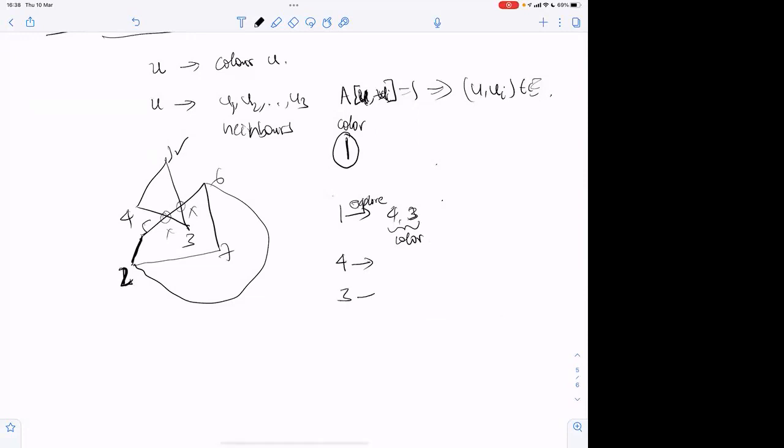Now you look at 3 and its neighbors 1 and 4, they are already colored, so the exploration is complete from 1. So now you know that 1 can reach 4 and 3, but it cannot reach any other vertex, correct? Everything that is explorable from 1 has already been explored, and 7 is not one of them. So you know that 7 cannot be reached. That is the basic idea we will do, correct?